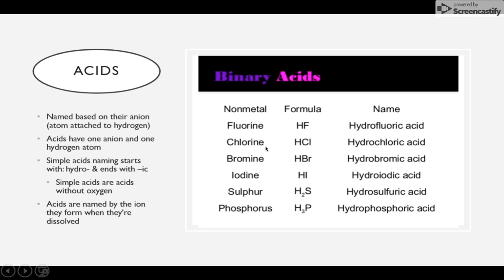Likewise with chlorine, you pair it with hydrogen, get hydrochloric acid. Sulfur, hydrosulfuric acid. Phosphorus, hydrophosphoric acid. So it's always going to have the hydro prefix and the ic suffix for simple acid compounds.